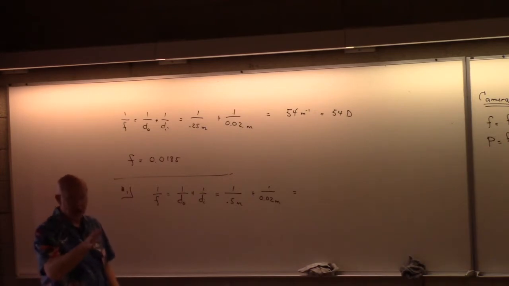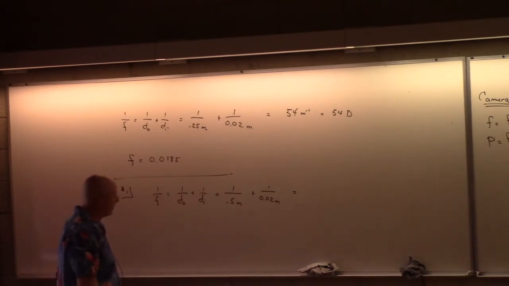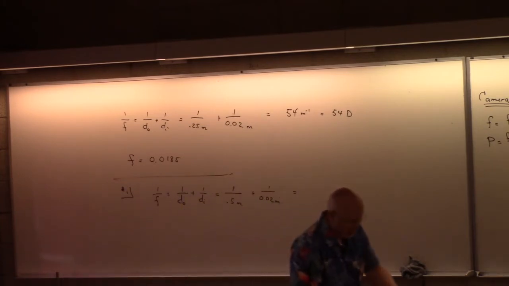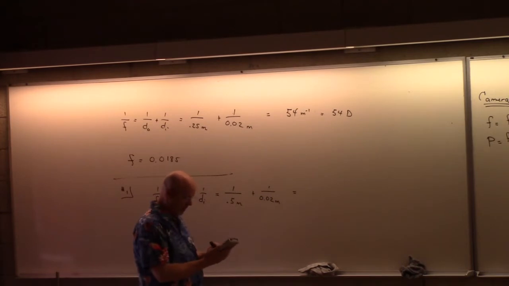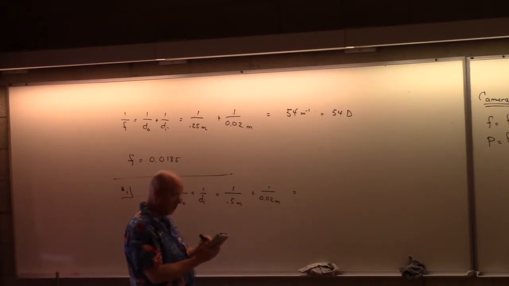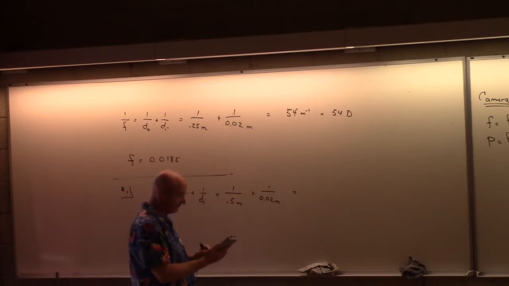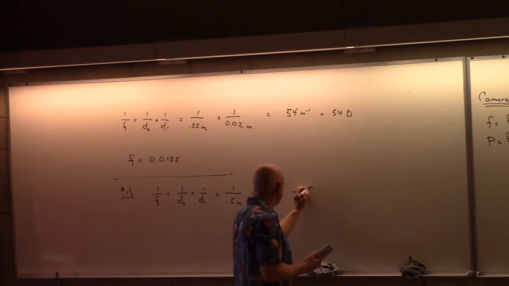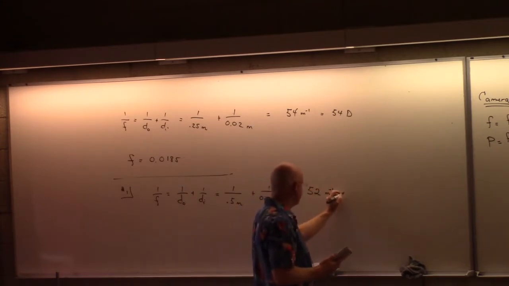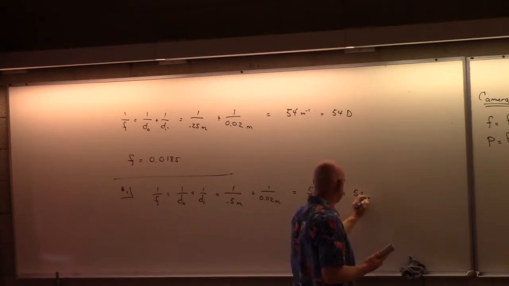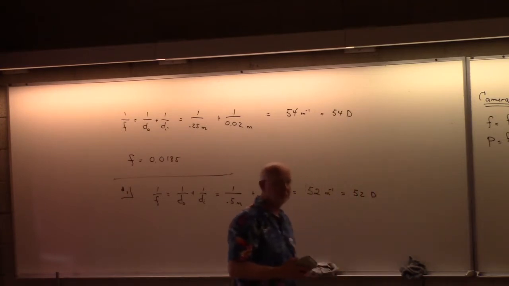This is the part you need to know: the human eye needs 2 centimeters for the image distance. So grabbing my calculator, I can go 0.5 reciprocal, add 0.02 reciprocal, hit enter, and that comes out to 52 inverse meters, that is 52 diopters.